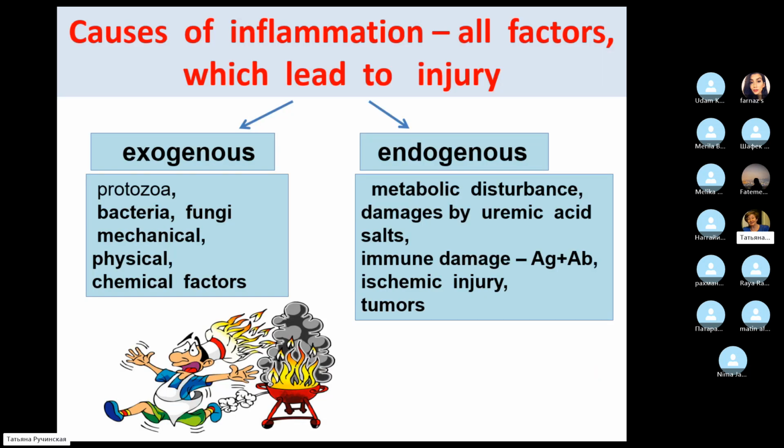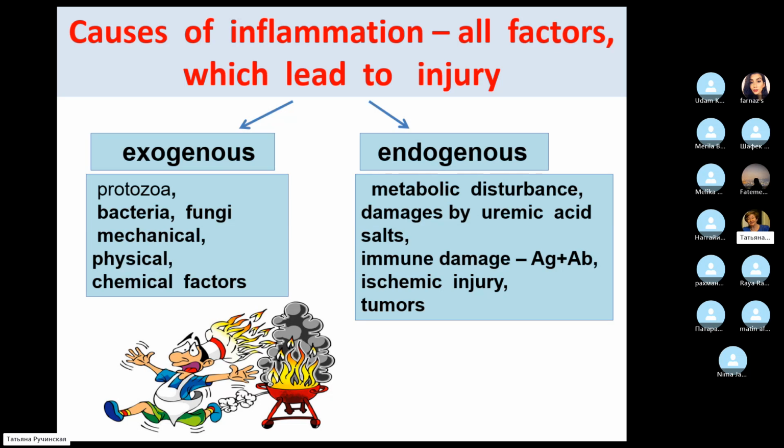Causes of inflammation. There will be all factors which lead to injury, cellular injury or tissue injury. But you must understand there will be exogenous, which is clear for us, and endogenous.